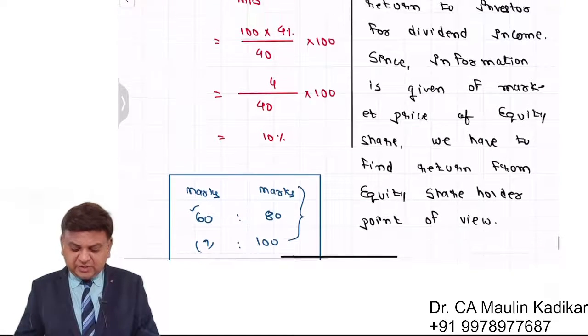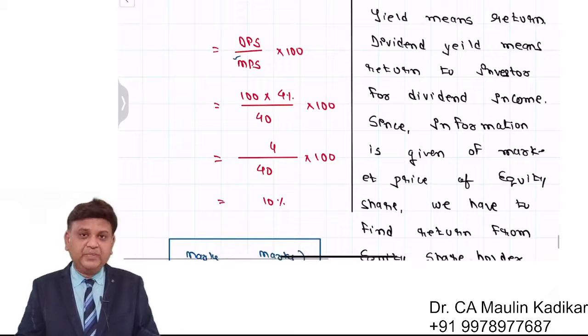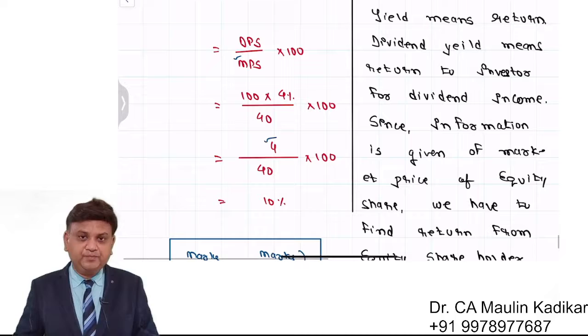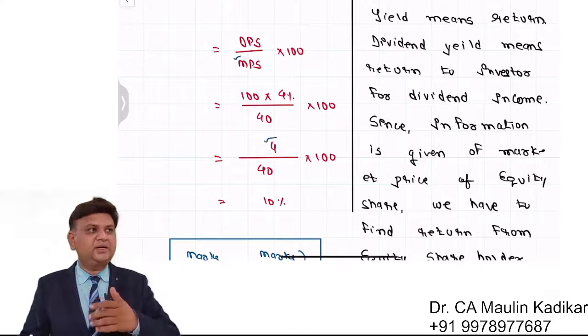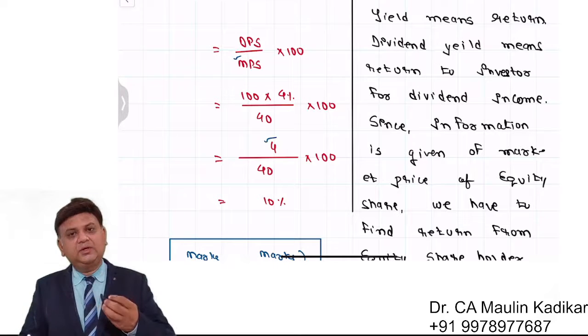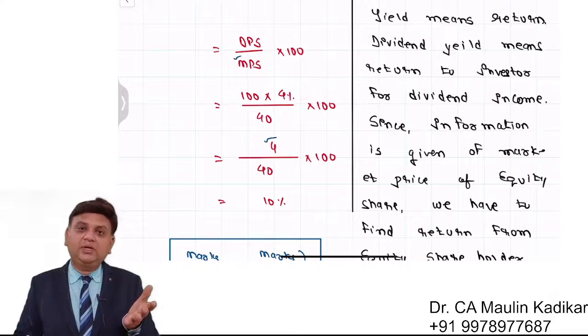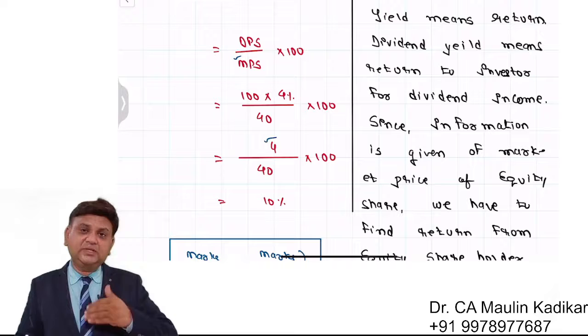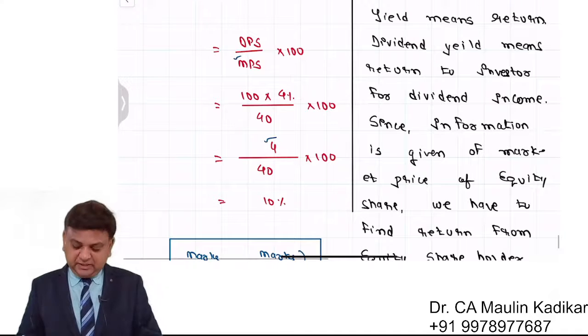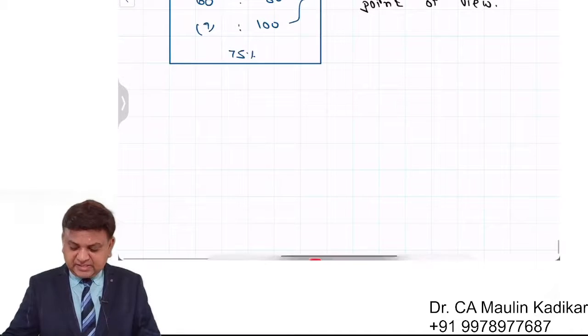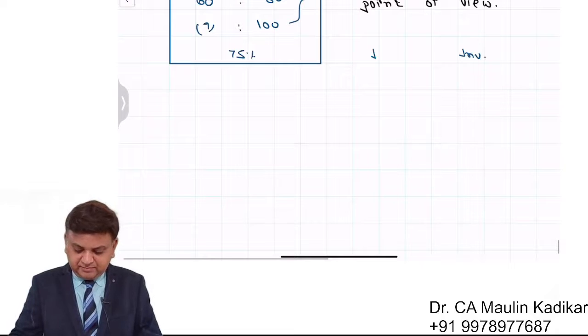Now, as an equity shareholder, what amount of the dividend income do you receive? It is 4. And what is the return that you receive being an equity shareholder in terms of the dividend income? We can say that's the investment and income.